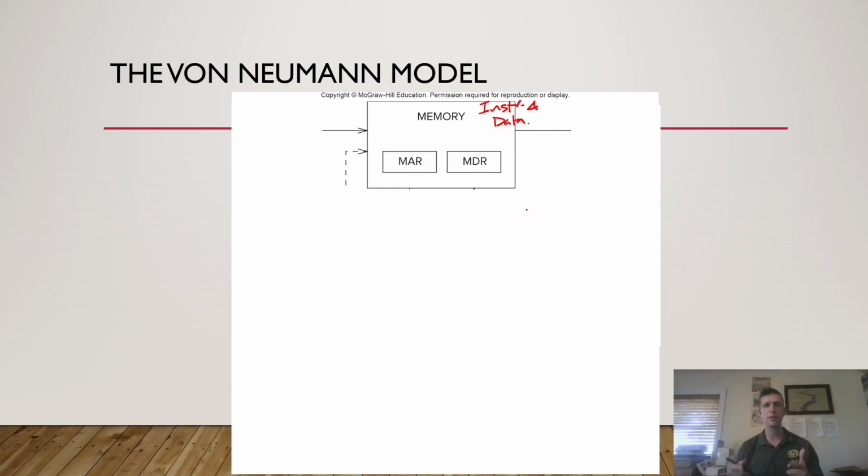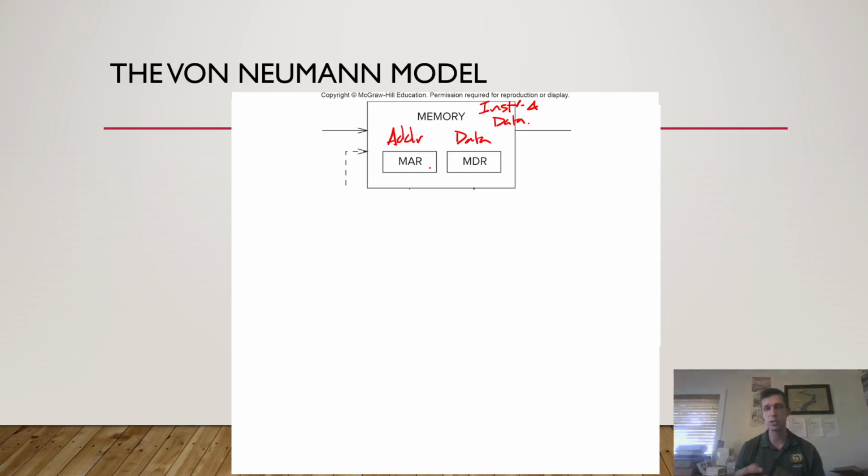And you can see here in this graphic that the memory component includes two very important things called MAR and MDR, which stand for our memory address register and our memory data register. The way this works is that the memory unit is a pretty simple device. You give it an address, it spits out a piece of data.